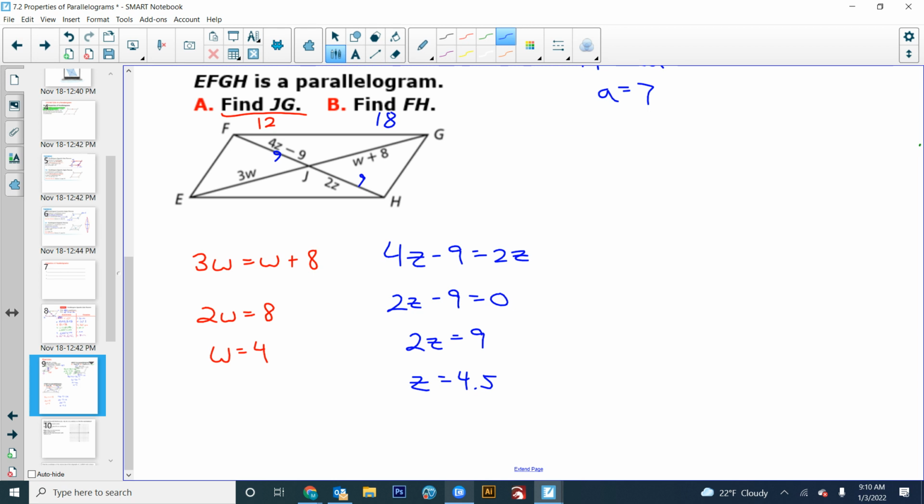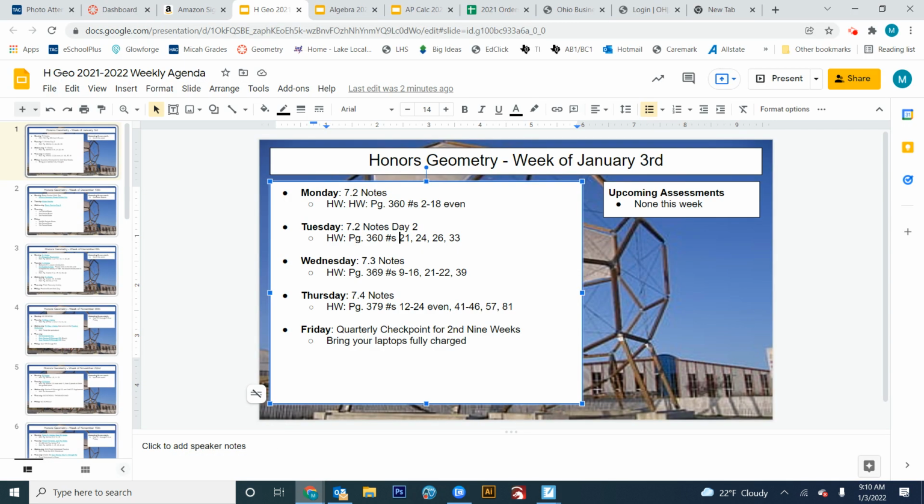All right. That is all for today. We're going to take it a little easy. Second day on section 7.2 will be tomorrow. I'm kind of splitting up the homework. It's really only one homework assignment split up into 2 days.